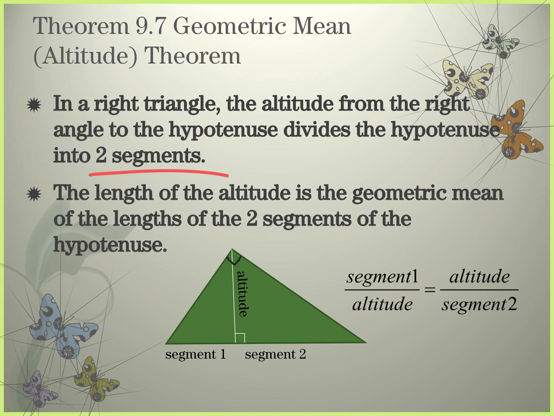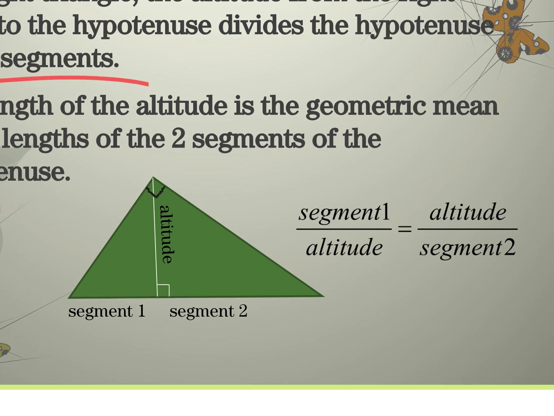And this gives us a geometric mean of segment 1 and segment 2. Just for our sake, we'll label it A and B, right? So segment 1 is going to be A, segment 2 is going to be B. So this will be the geometric mean of A and B. We're going to do 2 examples with this on this slide, okay?